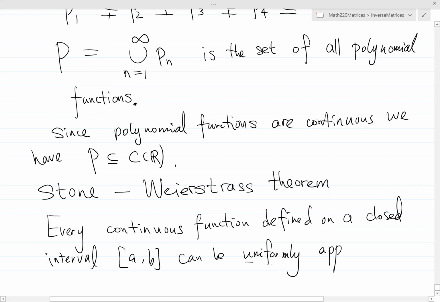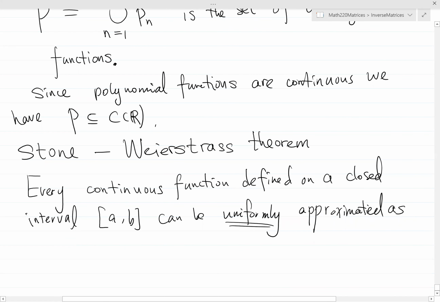Now this uniformly means you can control the error term everywhere, universally for the location, as close as desired, by a polynomial function.